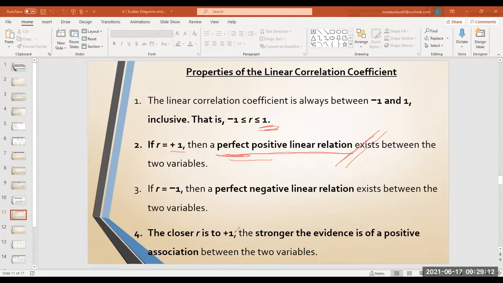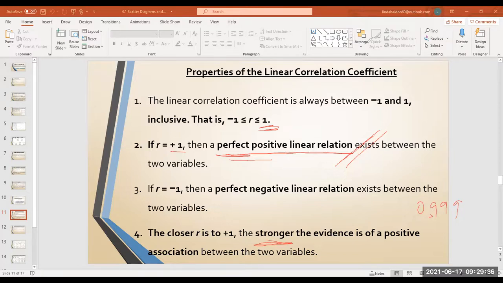If you don't get exactly positive one, but it is close to positive one, like 0.9 or 0.99999, this is very close to one. So we use the word stronger. The closer R is to positive one, the stronger the evidence of a positive association between the two.